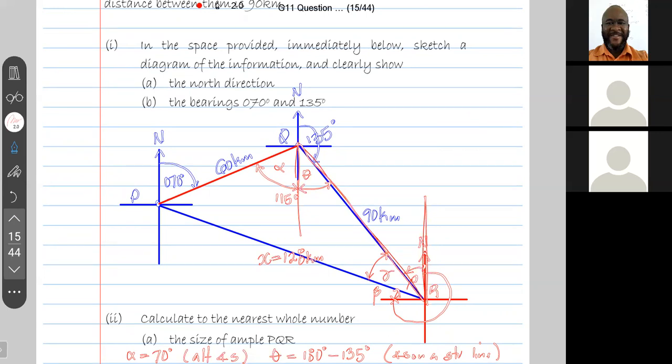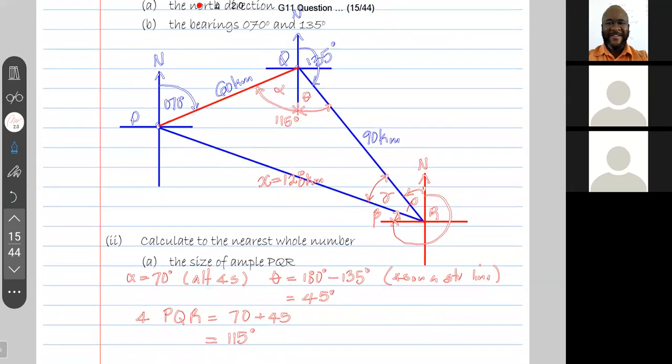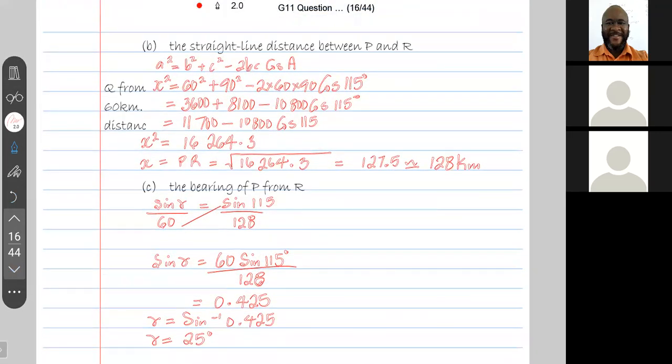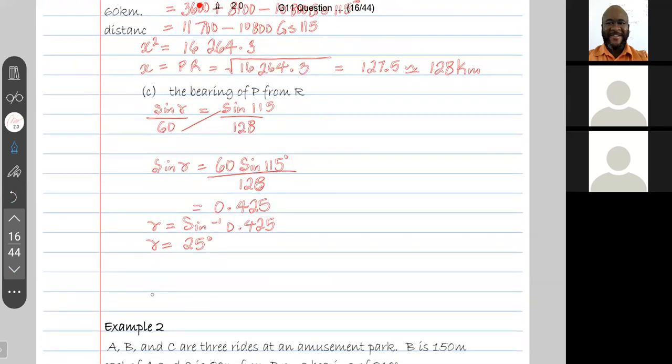Rho and the 135 degrees are co-interior angles. So let's use that. I'm going to say rho is equal to 180 minus 135 degrees. It's 45 degrees. They are co-interior angles.